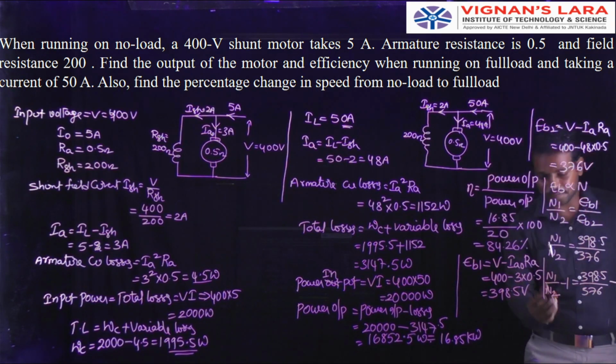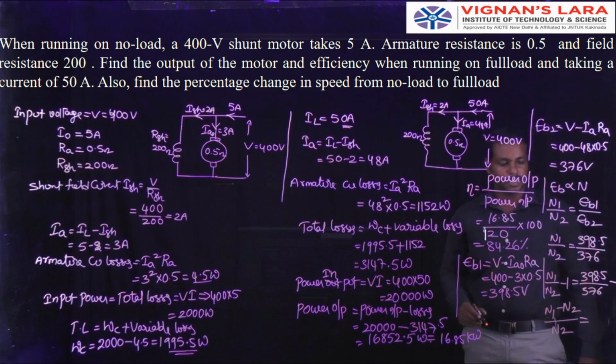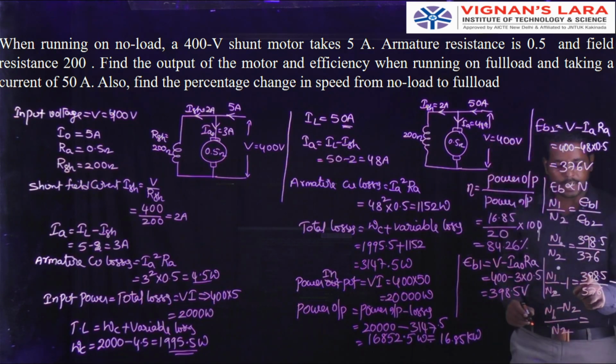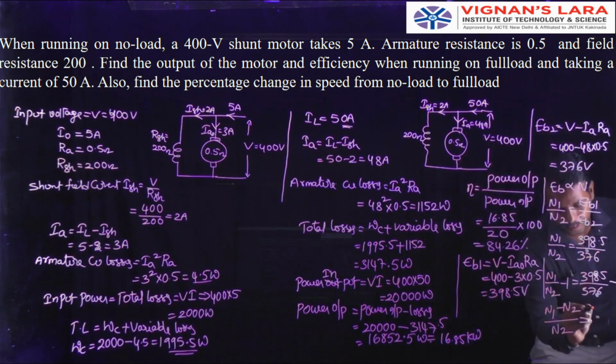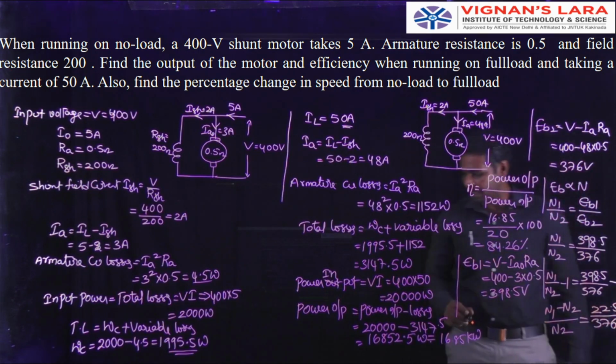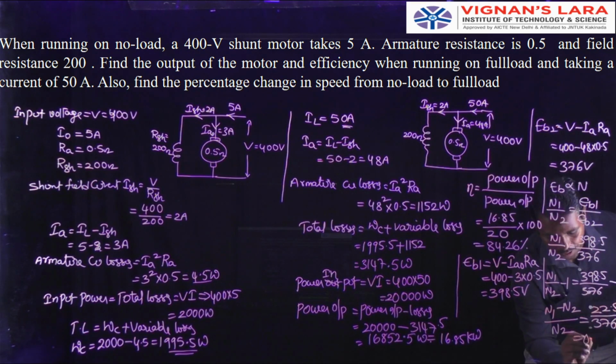So LHS: (N1 minus N2) divided by N2 is equal to (398.5 minus 376) divided by 376, which is equal to 22.5 divided by 376, which is equal to 0.0598.